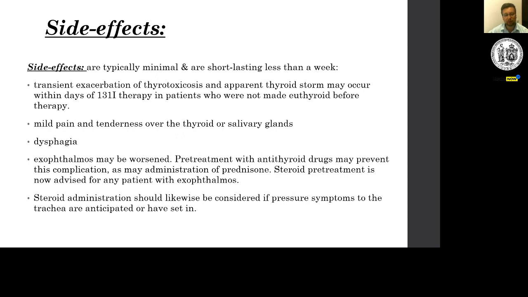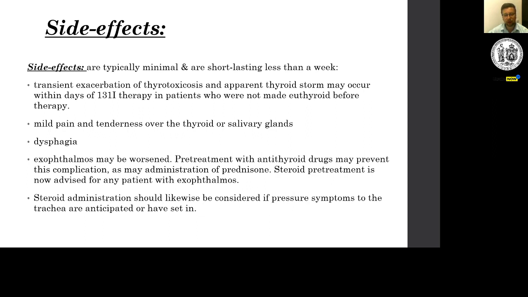Also, we may observe mild pain and tenderness over the thyroid or salivary glands. Sometimes we observe dysphagia. Also, exophthalmos may be worsened. Pretreatment with antithyroid drugs may prevent this complication, as may administration of prednisone.